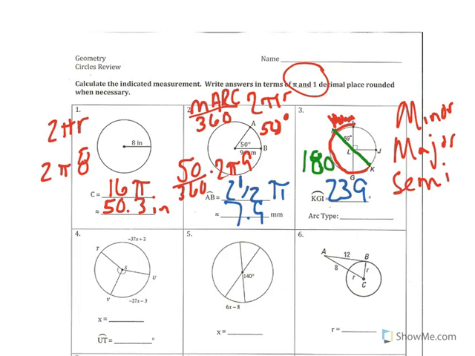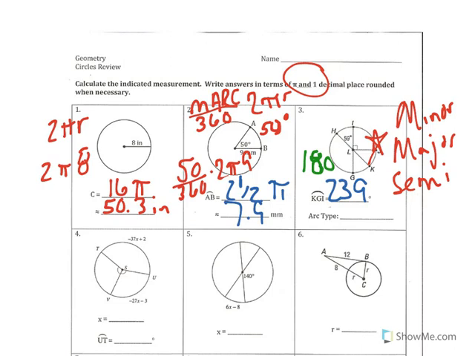Our question asks us KGI, and so we just have to identify if it is a major or a semi. Well, KGI goes more than just a diameter, because K to H is the diameter, so it would be a major. So our answer is major.